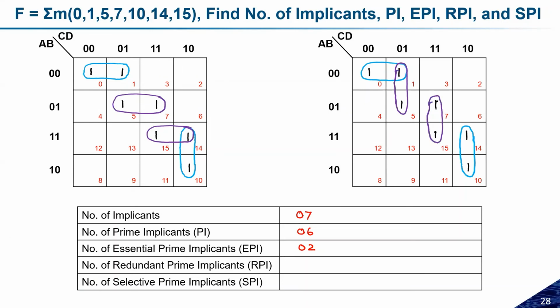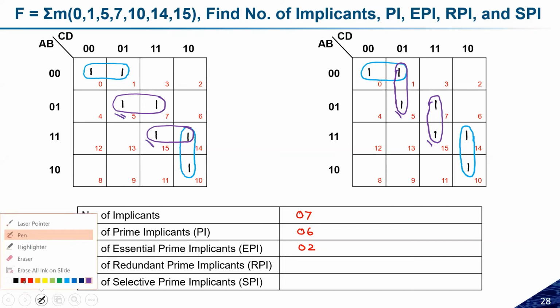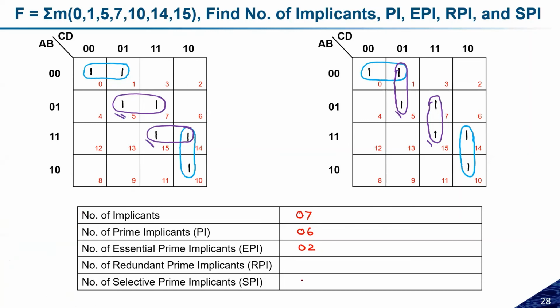These 4 possibilities can give you the selective prime implicants. They are neither essential nor redundant. So these 2 and these 2 are the selective prime implicants. The total possibilities for selective prime implicants are 4 in any K-map. There is no other combination that can be considered a selective prime implicant.